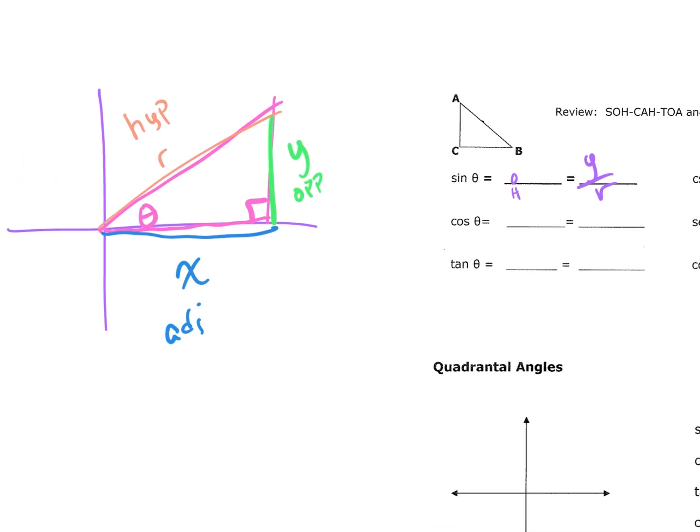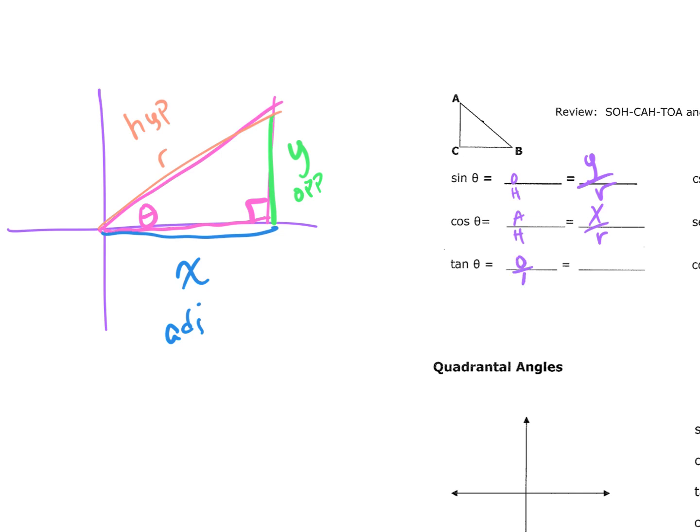If you notice, for the cosine ratio, when we normally do adjacent over hypotenuse, right, that corresponds to x over r. And for tangent, we think of that as the ratio of opposite over adjacent, right?